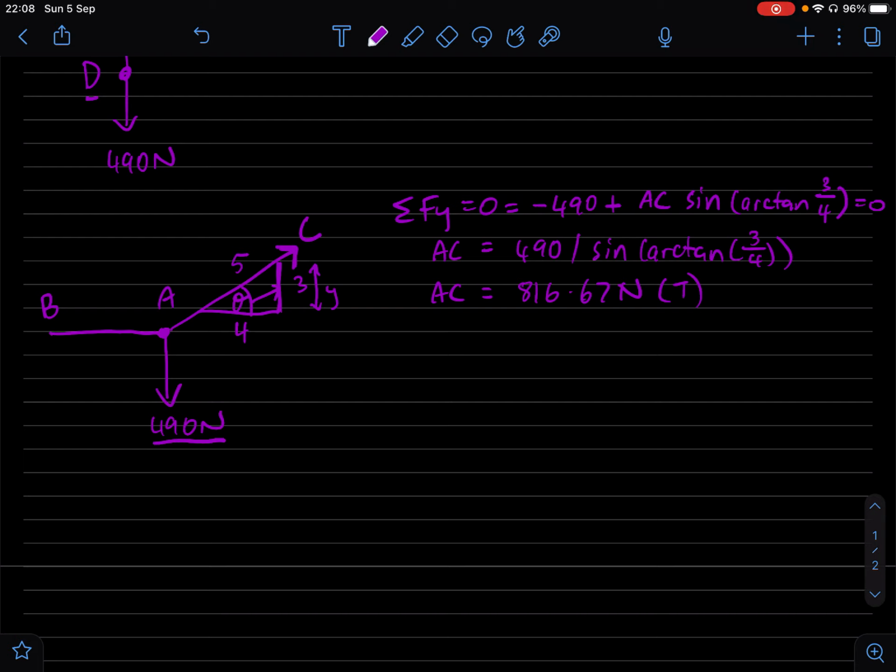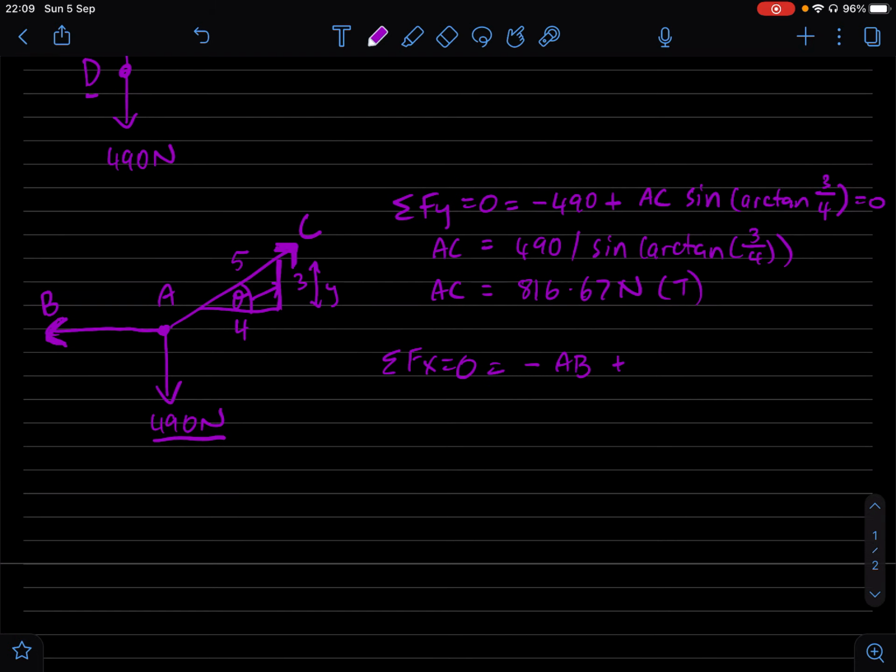So let's sum the forces in the X so we can get the AB force that we really want. That's going to be negative AB, assuming negative because if AC is going up and to the right, AB is just going to go to the left, isn't it? So negative X direction. Plus, now we want the X component of member AC, don't we?